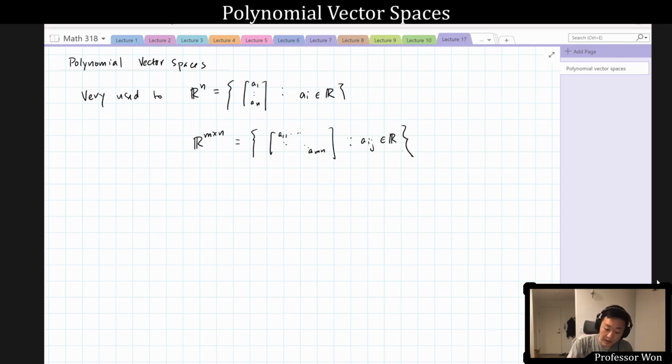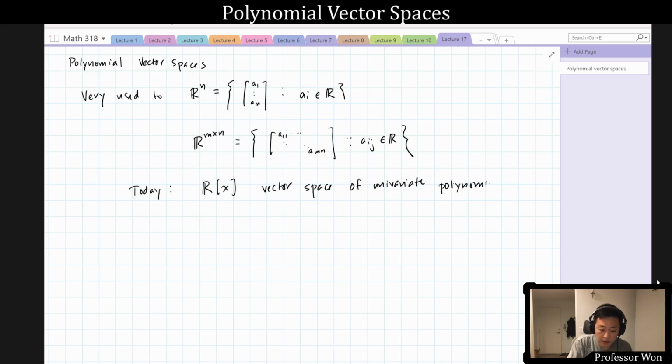The next one that we're going to learn about, in the next few lectures this week, is R[x]. This will be the vector space of univariate polynomials. I'll define these things in a sec.